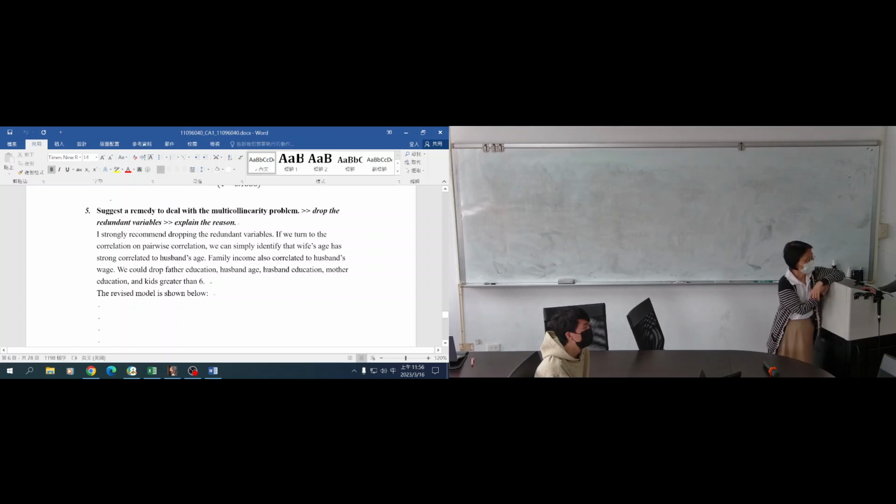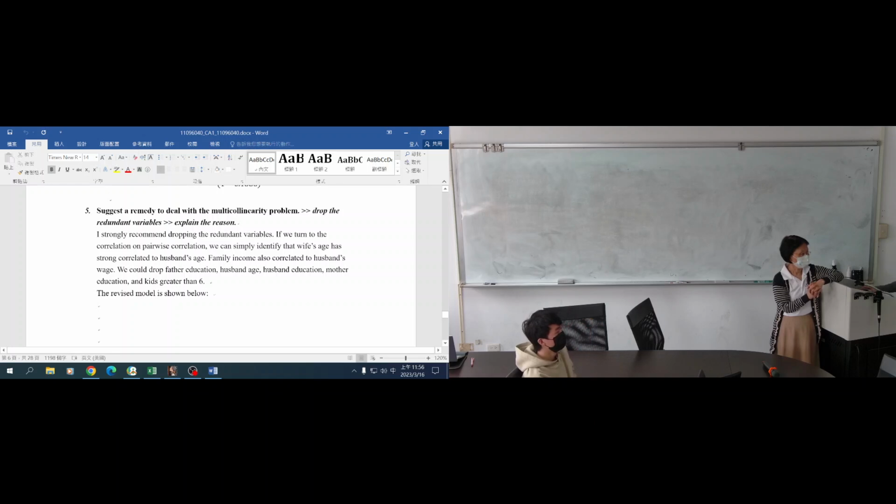If we turn to the pairwise correlation, we can simply identify that wife age is strongly correlated with husband age, and family income with husband wage. We could drop father education, husband age, husband education, mother education, and kids greater than 6. Why kids greater than 6? Because it has an insignificant p-value in the original model that I showed at the beginning.